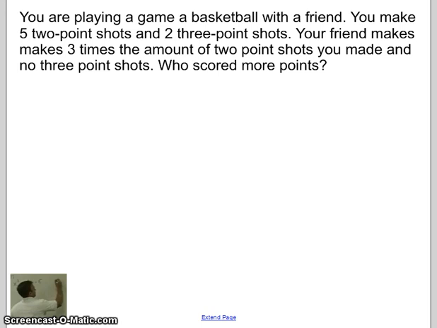Okay, let's look at a word problem. You are playing a game of basketball with a friend. You make 5 2-point shots and 2 3-point shots. Your friend makes 3 times the amount of 2-point shots you made and no 3-point shots. Who scored more points? So let's figure this out. You have yourself and your friend.